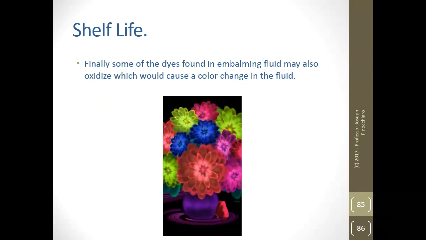Just changes the color of the solution and you don't care. Worst case scenario, the dye actually affects the body coloration differently than it should or not as well. So again, take proper steps to make sure that you are utilizing the oldest fluids that you have before you start putting the newest fluids in front of it.